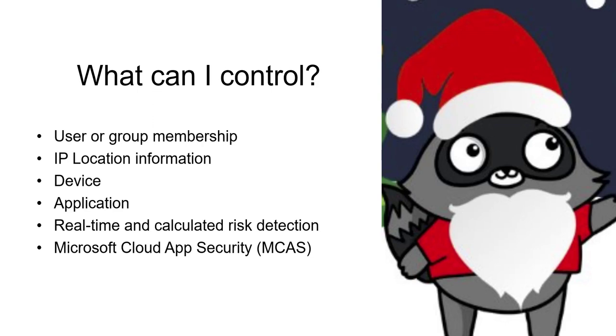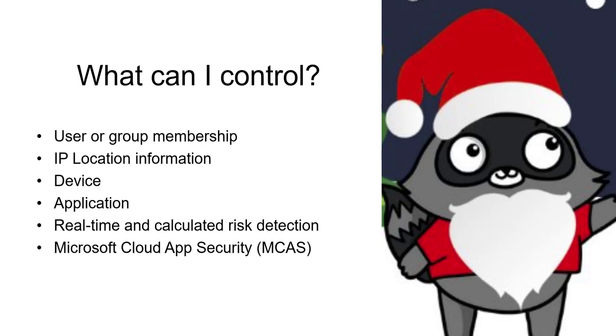Organizations can create trusted IP address ranges that can be used when making policy decisions, and administrators can specify entire countries to block or allow traffic from. Your device. Users with devices of specific platforms or marked with a specific state can be used when enforcing conditional access policies. As an example, compliance policies within Intune. Applications. Users attempting to access specific applications can trigger different conditional access policies.